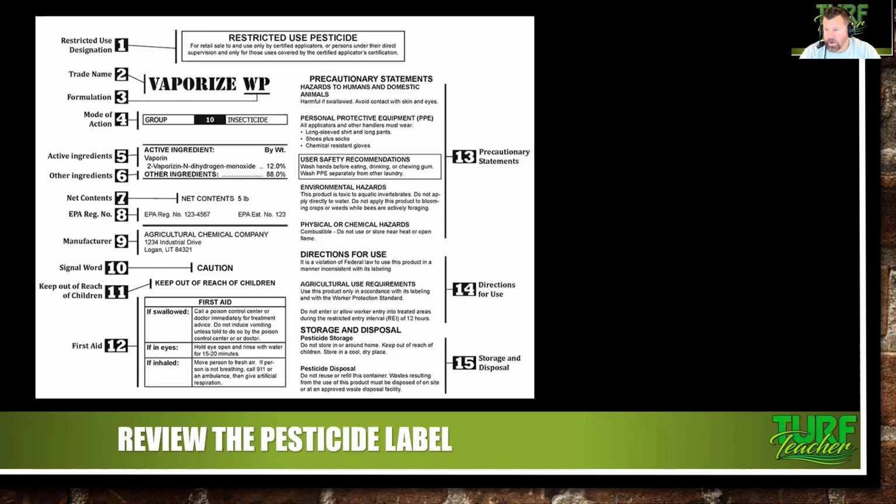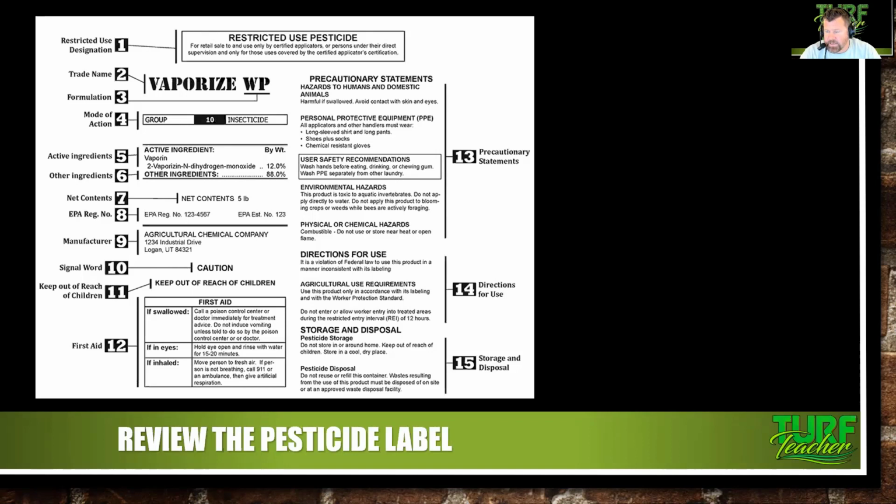Then our active ingredient is vaporin, and we see the chemical name right in there, 2-vaporizin in dihydrogen monoxide, which is the 12%. So it's a very low percentage by weight. The other ingredients are 88%, but it's still a restricted use pesticide, even though by weight there's not that much in it.